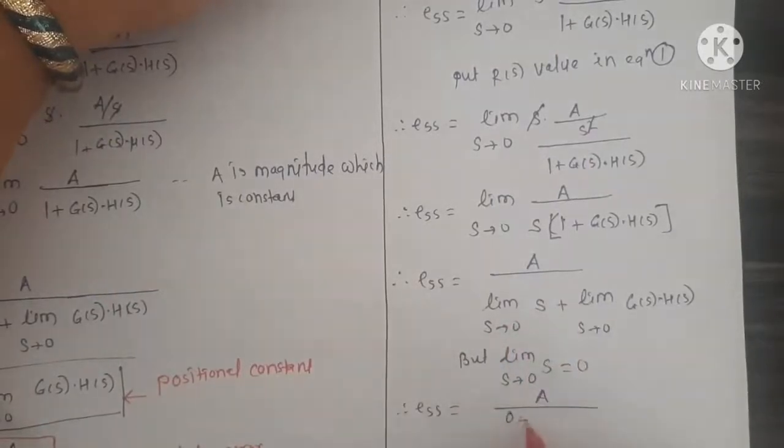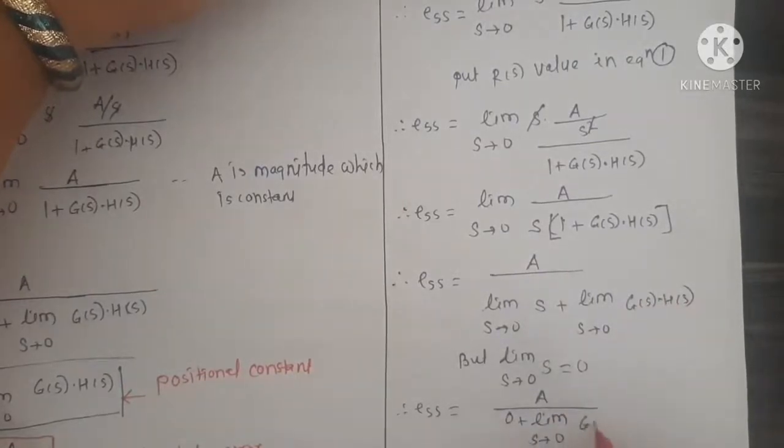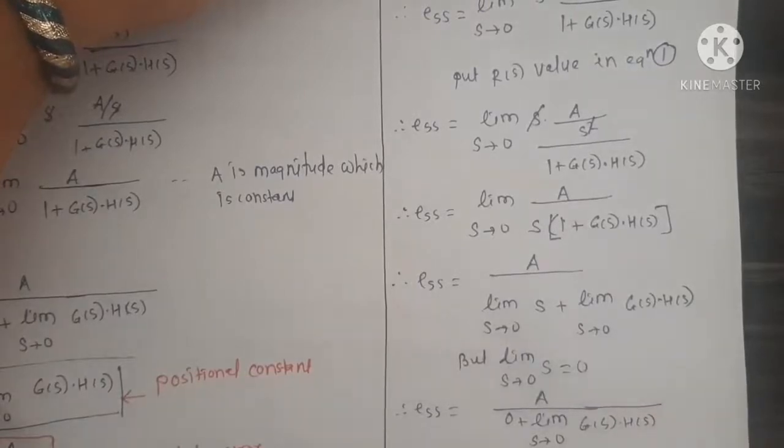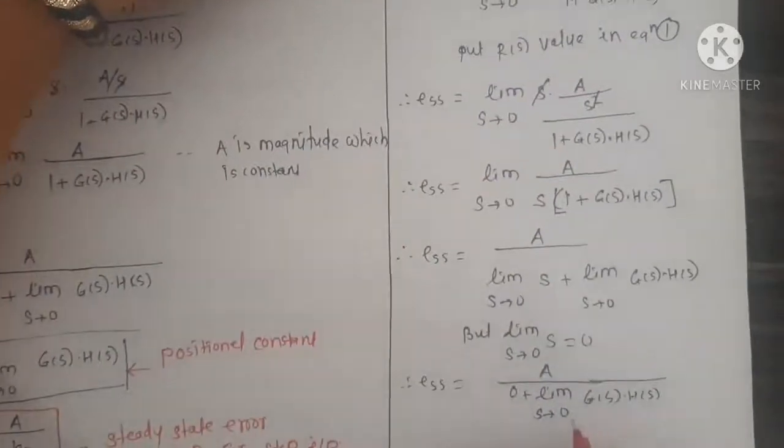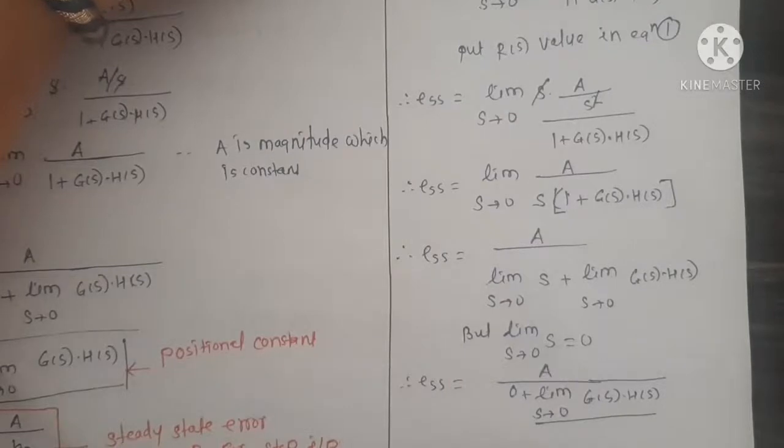So 0 plus this term comes as it is, limit s tends to 0, g of s into h of s. This limit g of s into h of s is nothing but the Kv value.